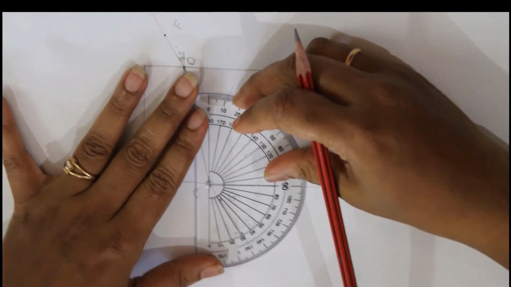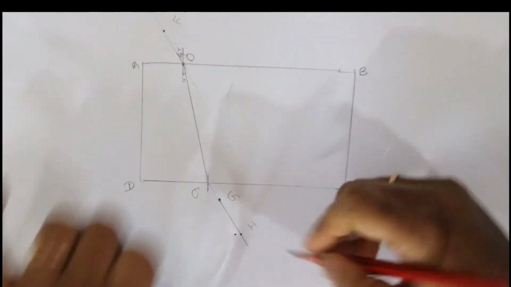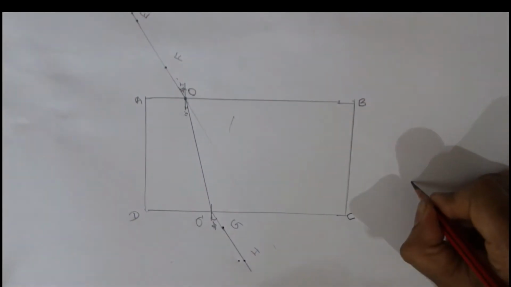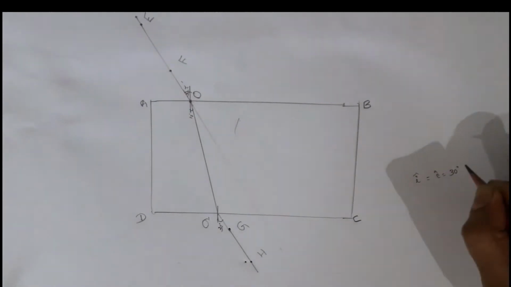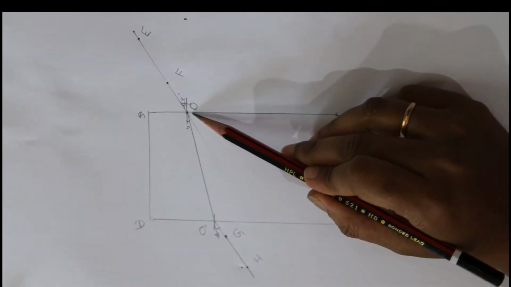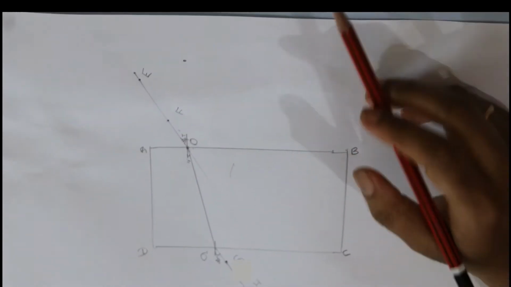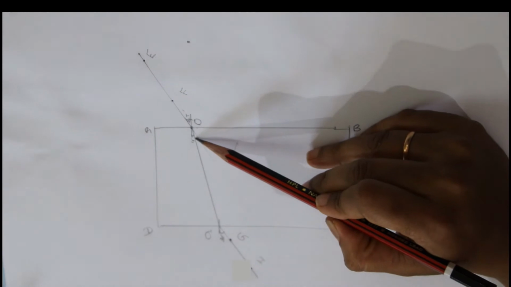Now let us measure the angle of emergence. Wow, great! The angle of emergence is also equal to 30 degrees. So the angle of incidence is equal to the angle of emergence, which is equal to 30 degrees. We can see that the light ray at point O has entered from rarer medium to denser medium, that is from air to glass.